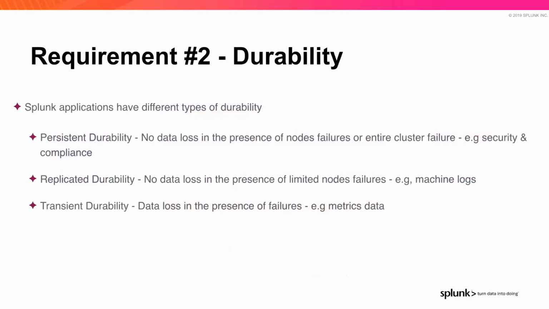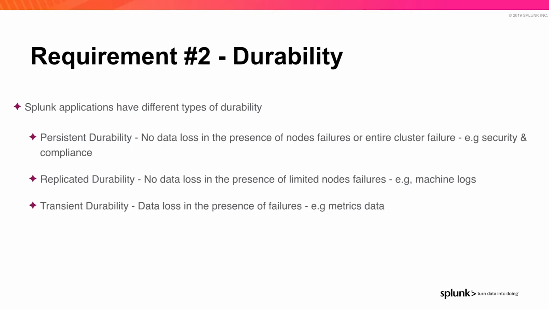So, durability. Splunk has applications with different types of durability requirements. One is persistent durability. In this case, no data loss is accepted even in the presence of node failures or even entire cluster failure. And this is useful for applications like security and compliance, where we don't want to lose any data that captures an intrusion or a blip in the data, a needle in the data.